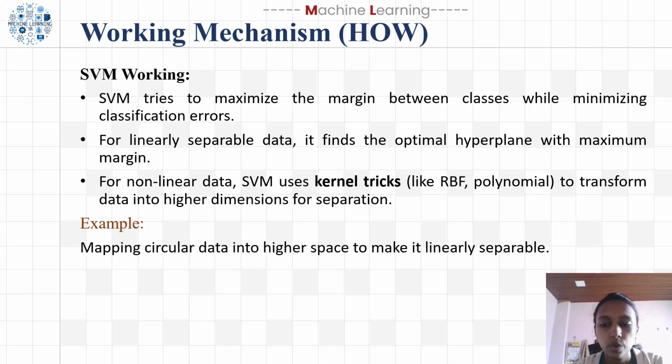This maps the data into a higher dimensional space where it becomes separable. For example, circular data can be separated by projecting it into higher dimensions. Finally, when new data points come in, they are classified based on which side of the hyperplane they fall. In short, SVM focuses on creating the widest possible gap between the categories, ensuring strong generalization.